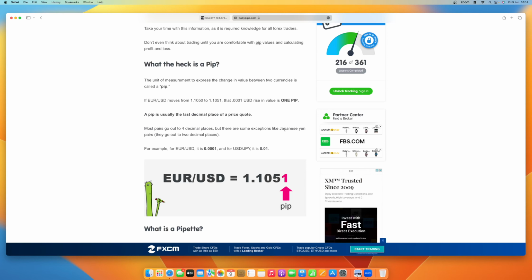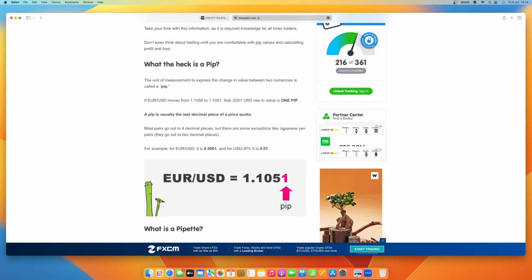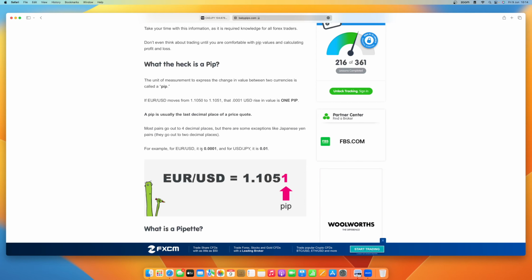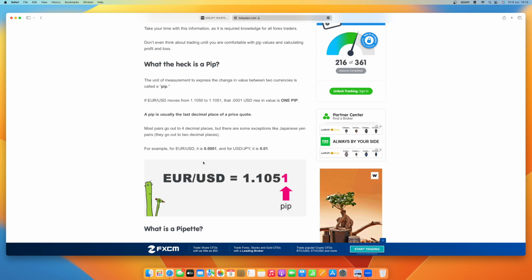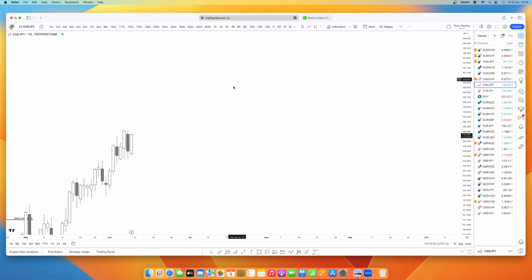So every pair, Euro USD, Euro CAD, AUD CAD, you will see 4 numbers after the decimal, 1, 2, 3, 4. But with the Japanese yen pairs, you're going to see 2. For example, for Euro USD, a pip is 0.0001, and for USD JPY, it is 0.01. So JPY is 2, every other currency is 4. Look at this CAD JPY, 2 decimals.